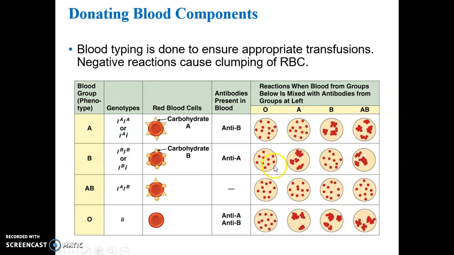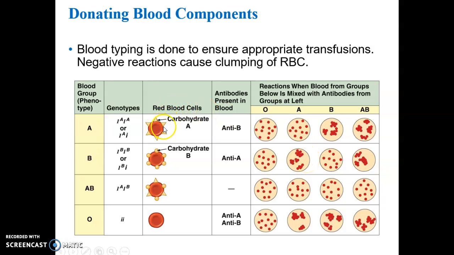They can accept blood from blood type O and blood type B. Why? Blood type O, no surface molecules that could be attacked by patient B's anti-A antibodies. Blood type B, same type of blood cells introduced, surface molecule B, but they will not be attacked by anti-A antibodies. But notice there's a negative reaction with blood type A if that's donated.